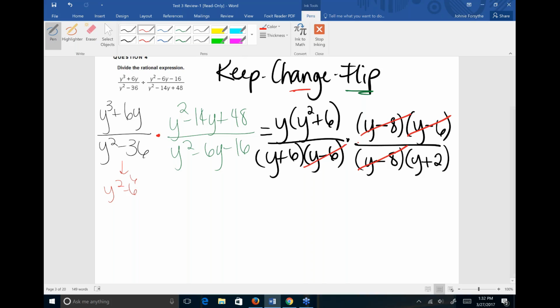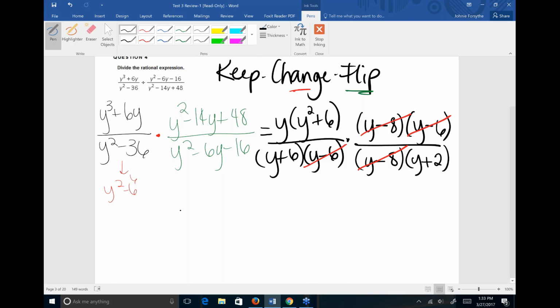And that actually is all the canceling I can do. You may want to cancel something with the y plus 6 in the bottom and the y squared plus 6 at the top, but those are not the same factors. So we cannot cancel those out, and there's no single y at the bottom to cancel with this y at the top, and there's no y plus 2 to cancel with the y plus 2 in the bottom.